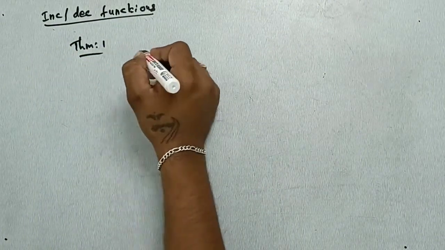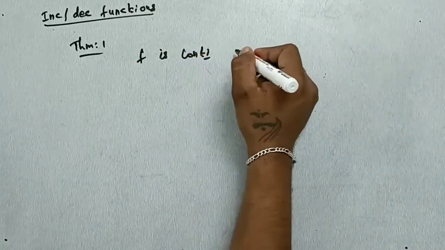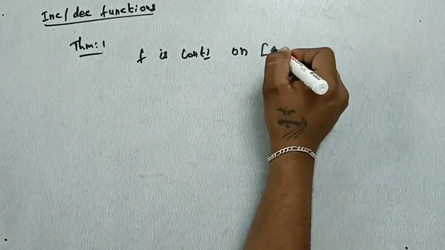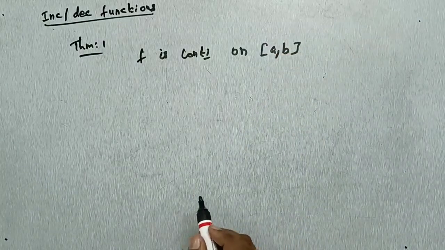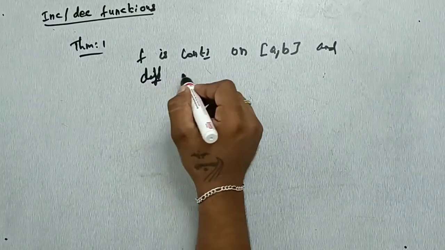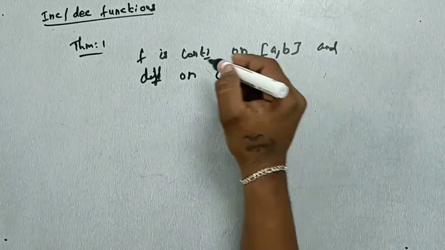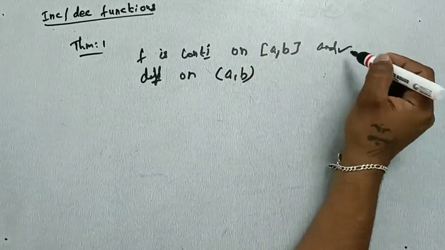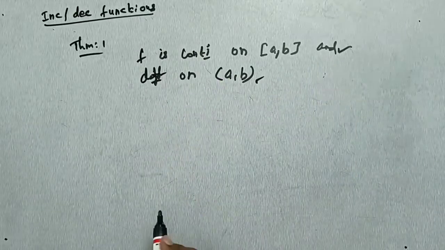What is given is that f is a continuous function on the closed interval a comma b and differentiable on the open interval a comma b.